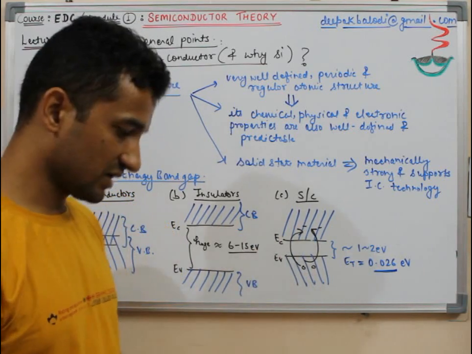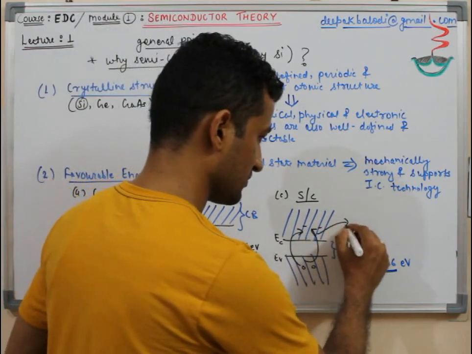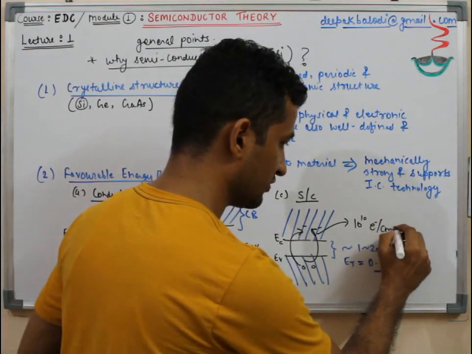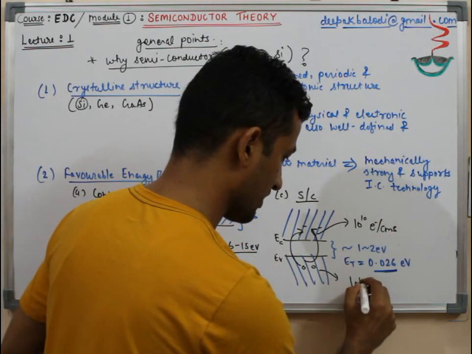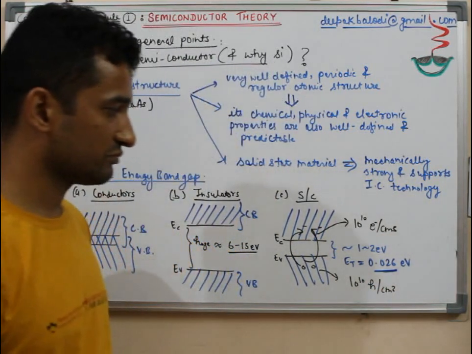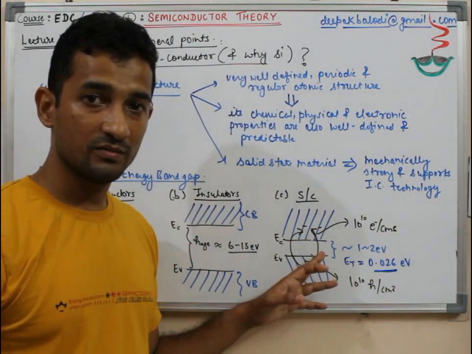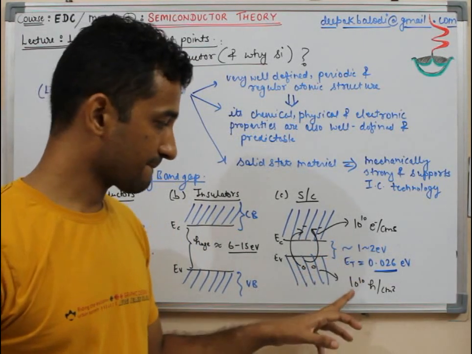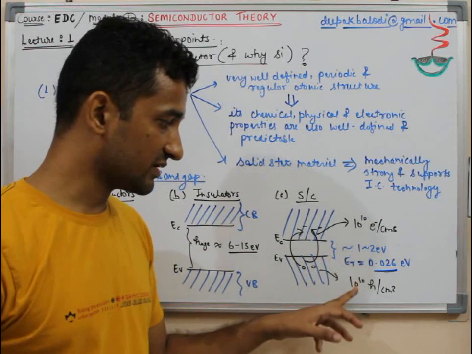The free carriers here are 10 to the power 10 electrons per centimeter cube, and here we have 10 to the power 10 holes per centimeter cube. Please do not get any wrong prediction from these large numbers.